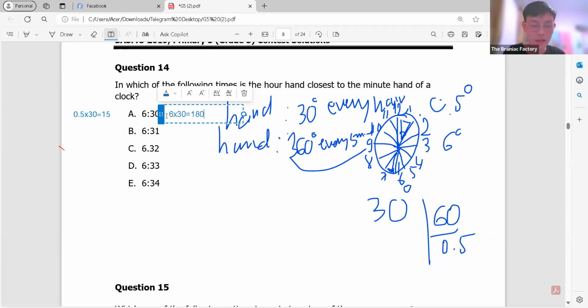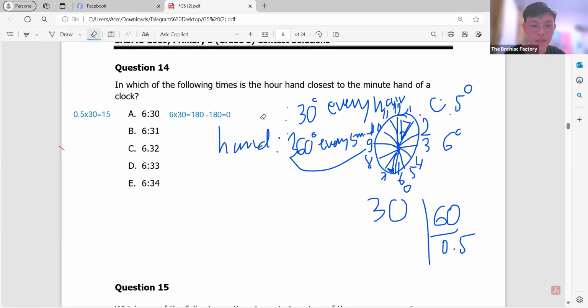But we have to minus half of this because the hour hand starts from the 6, but the minute hand starts from 12. So we're gonna minus the 180 and it's giving us 0.